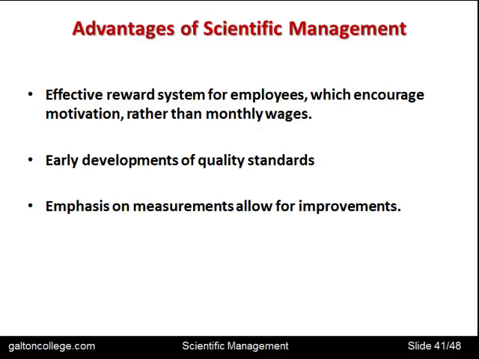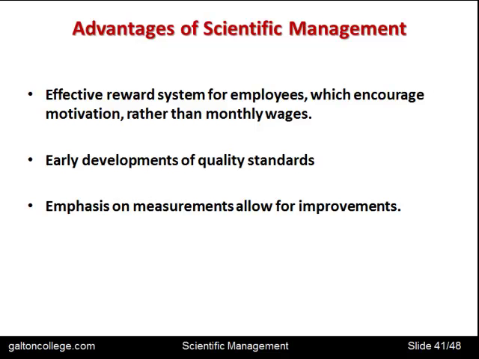Emphasis on measurement allows for improvements. When measurements are taken, then the incentive is there to try and improve on those measurements. If it takes an operator a minute to perform a task, could the operator perform the task in 50 seconds?